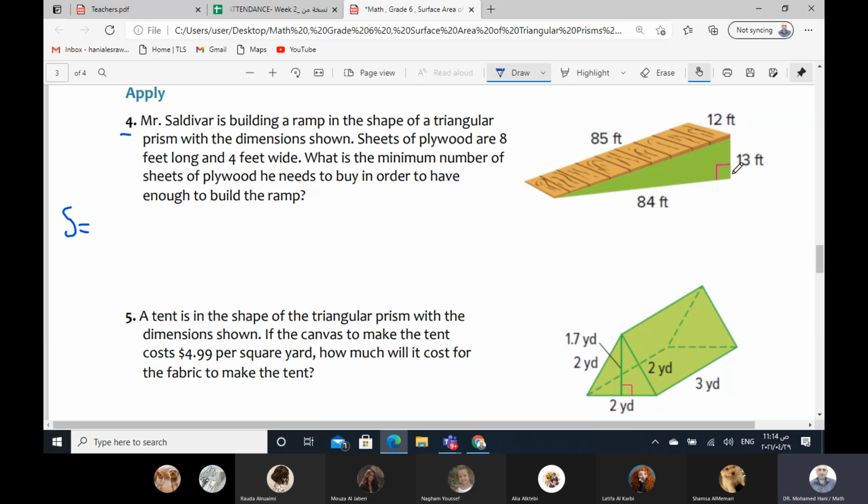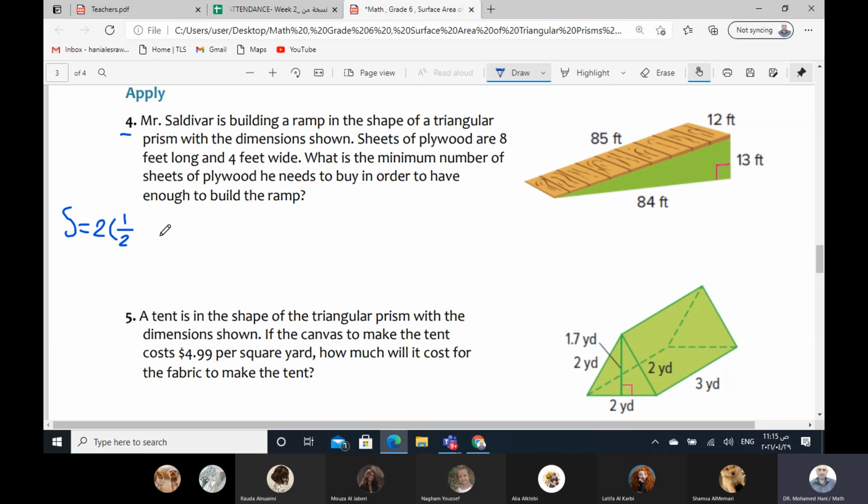Start from the base. Here we have a triangle, and here inside we also have the congruent triangle. So we have two congruent areas of triangles. The rule of the triangle will be 1 over 2 times the base.